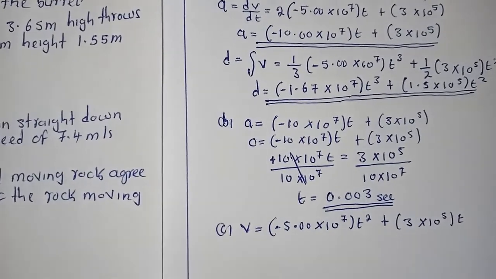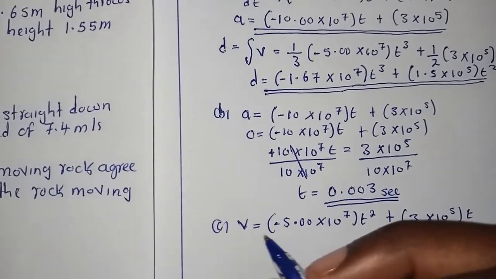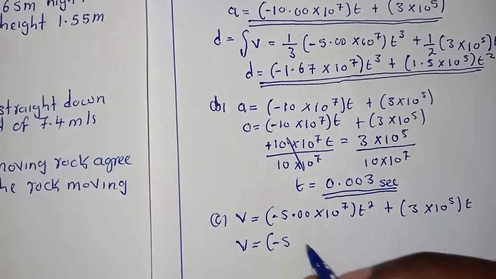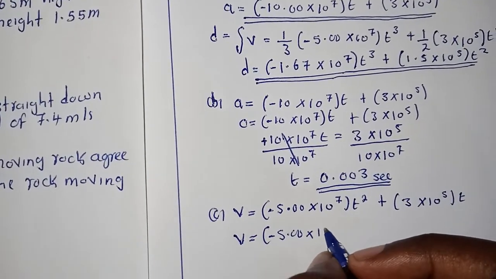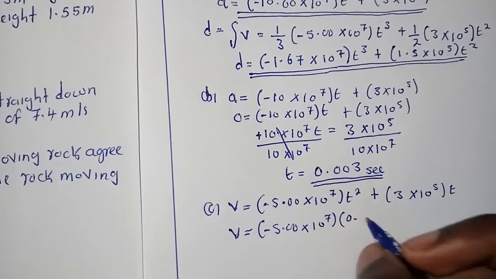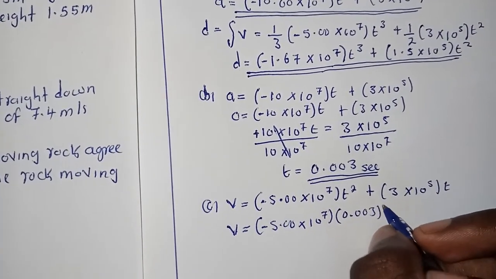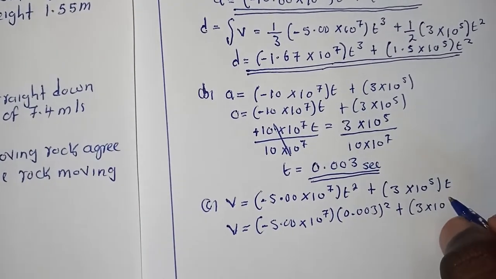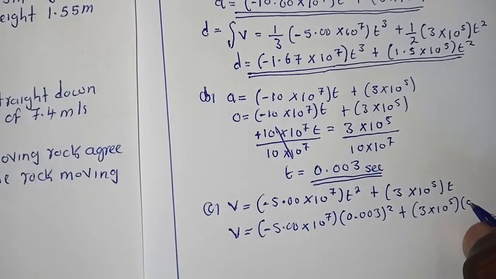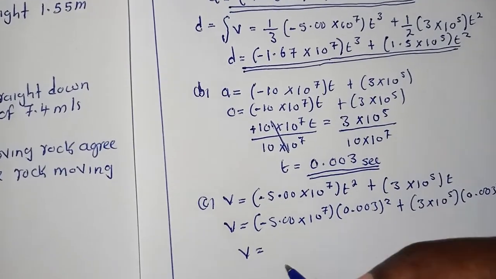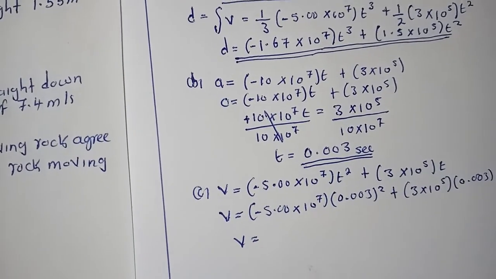Now remember, you have the time, so this becomes very easy. Just do the needful. You put your 0.003 here, and you put your 0.003 here. Calculate everything.